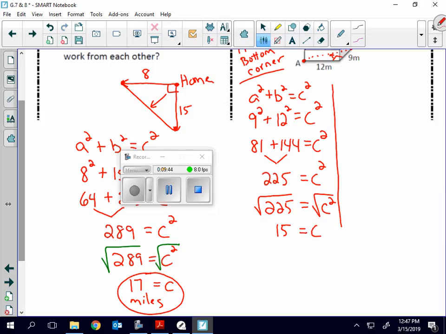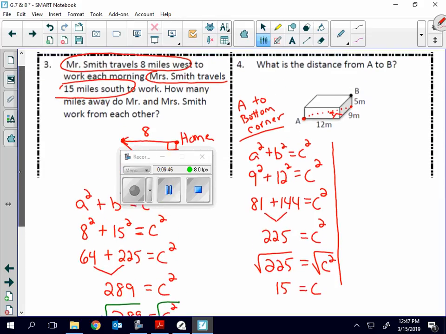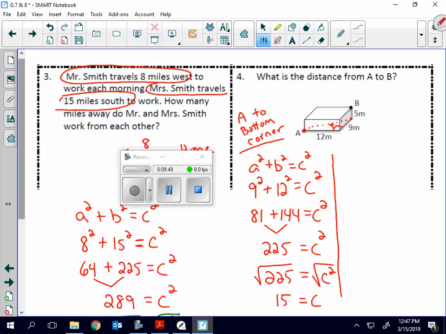Now that's not the full distance, all right? We have 15 is to the bottom corner. Now, from bottom corner up to B, well, how high is that?